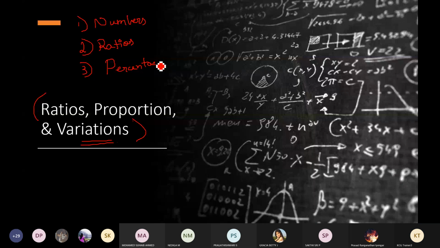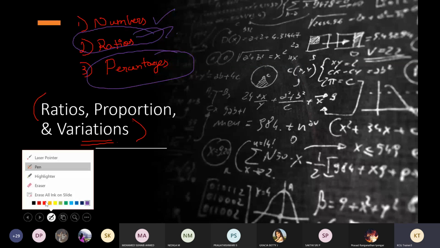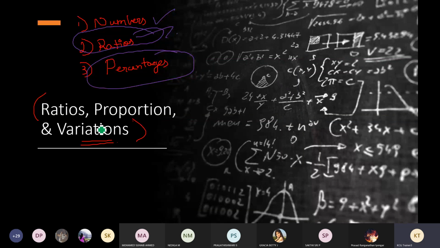As far as the ratios and proportions concept goes, the first thing I want you to understand is what ratios are.